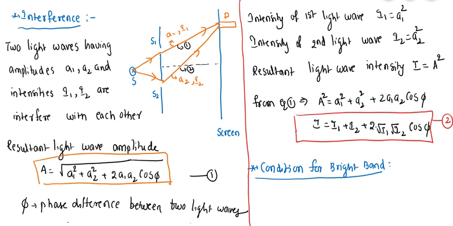In order to get the bright band, the phase difference phi should be equal to 2n pi, where n values are 0, 1, 2, 3, and so on. If you substitute this, the amplitude becomes maximum and the intensity also becomes maximum.